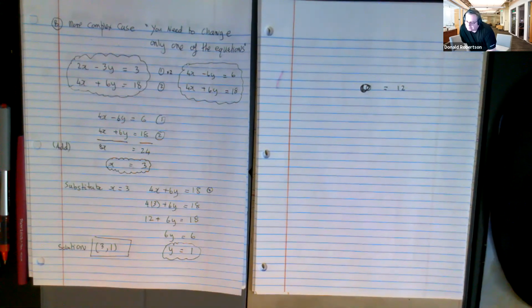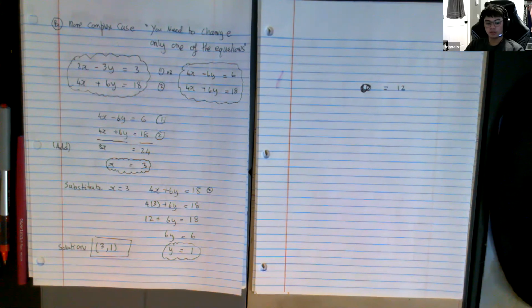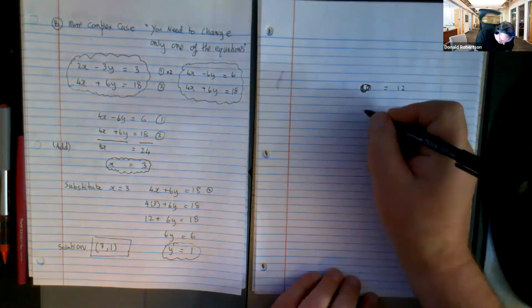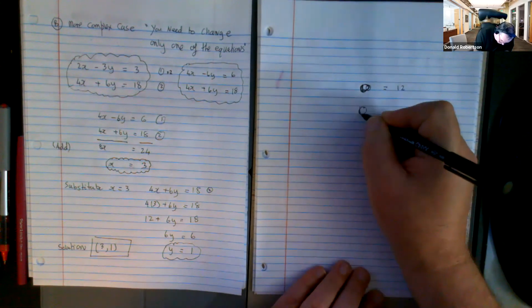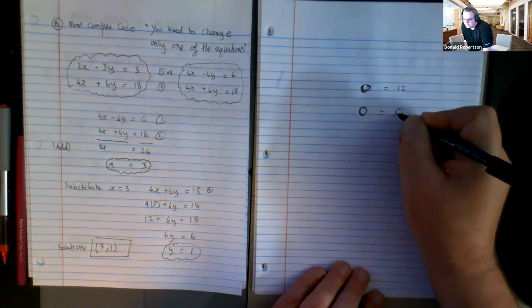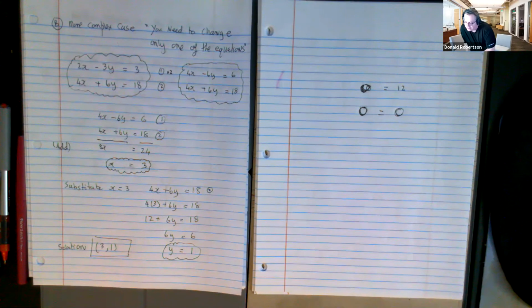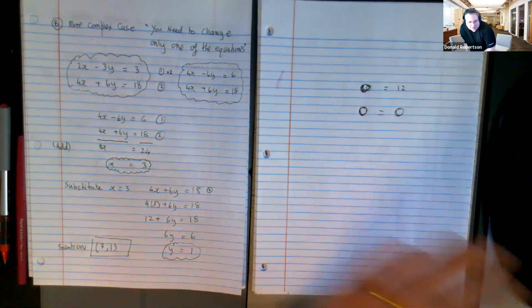What would that mean? What would the answer be? No solution. And if 0 equals 0 happens, what would that mean? Infinite. So are we cool where infinite and no solutions can happen and what it looks like when you use the method on it?